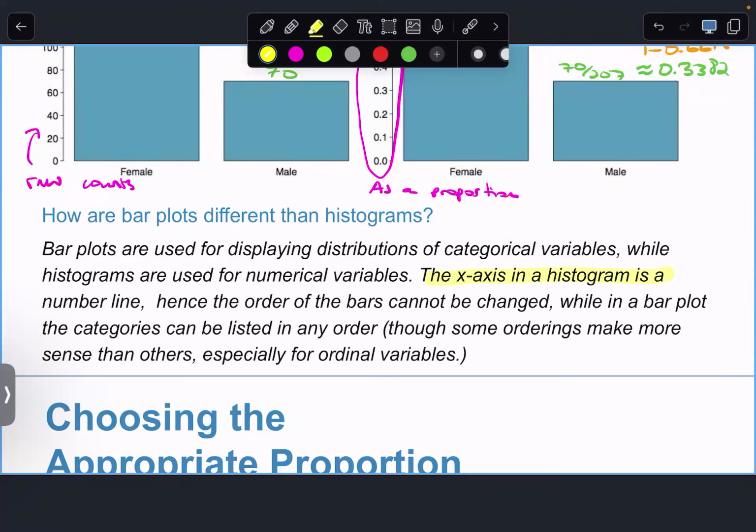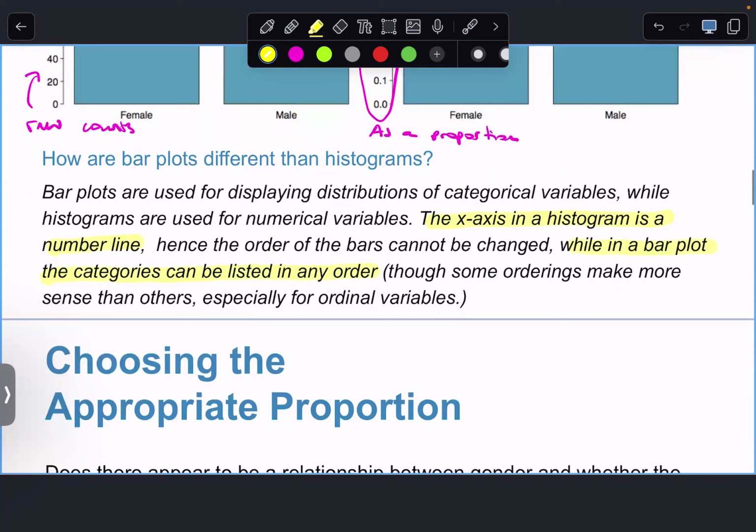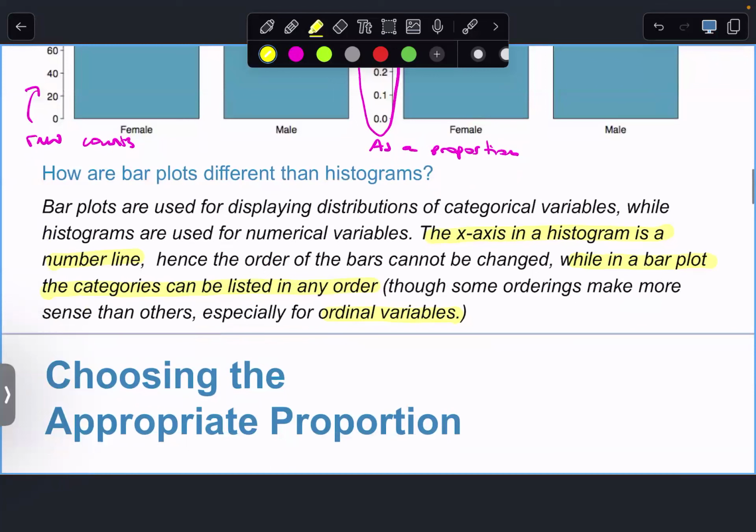The x-axis in a histogram is a number line, which of course means that the order of the bars can't be changed, while in a bar plot, the categories can be listed in any order, although I think I briefly mentioned it, that if you have an ordinal variable, then it probably makes more sense to list them in that order. Okay.